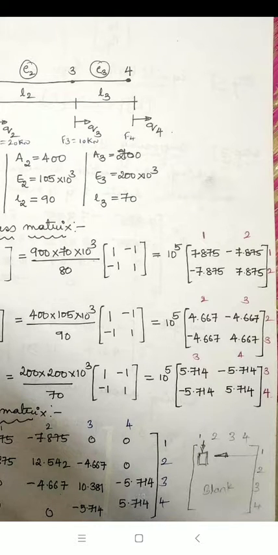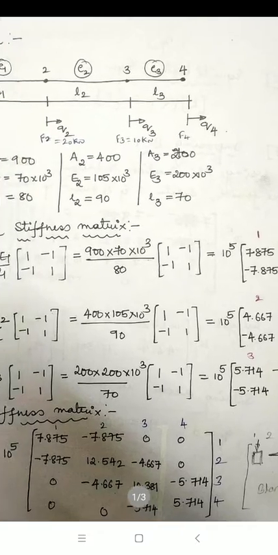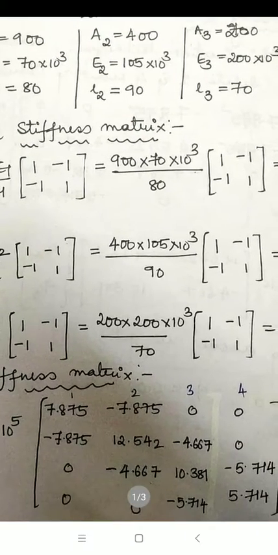And in K2 also, there is one more value for column 2 and row 2, that is 4.667. So in the same place, that is column 2 and row 2, we are getting 2 values, 7.875 and 4.667. These 2 values have to be added. That's why in the place of column 2 and row 2, I have written 12.542.